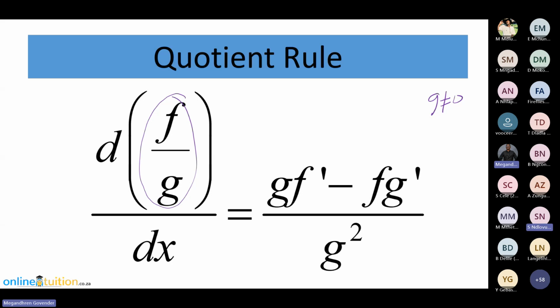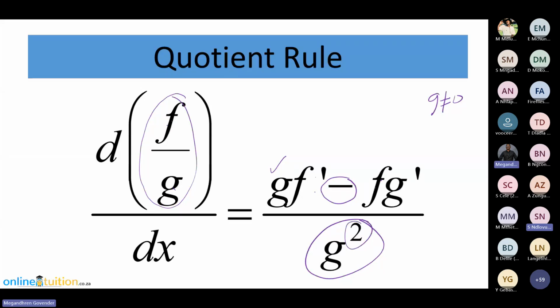Of course, if we had g equal to 0, we're going to have a problem dividing by 0. So this rule is slightly more interesting. The derivative of a quotient, look, keep the denominator constant, differentiate the numerator, then it's a minus sign, and then you got f, keep the first constant and differentiate the second, but all over g squared.